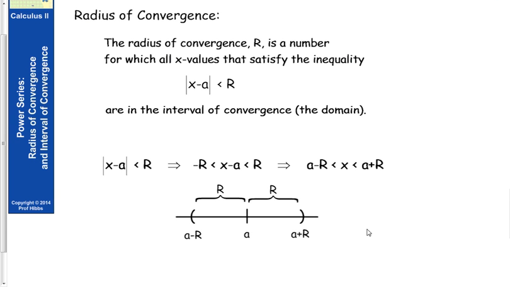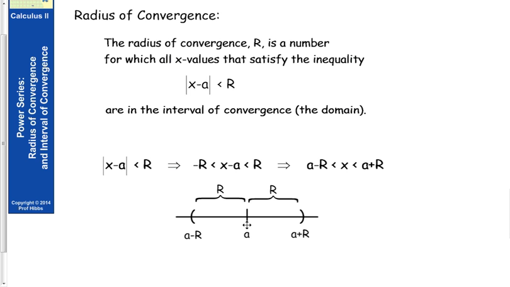And I've illustrated that here in this fashion. Here is the a value, the center, and if we move R units to the left of a, we have a minus R, and if we move R units to the right of a, then we have a plus R. And so that's a good indicator of the reason a is called the center of convergence, because it's the values of x's that are in this interval for which this power series converges.